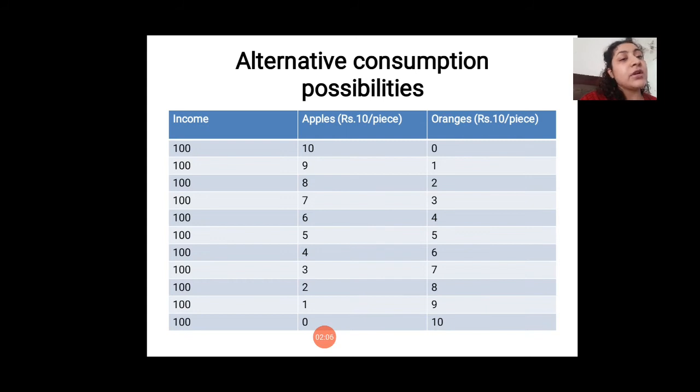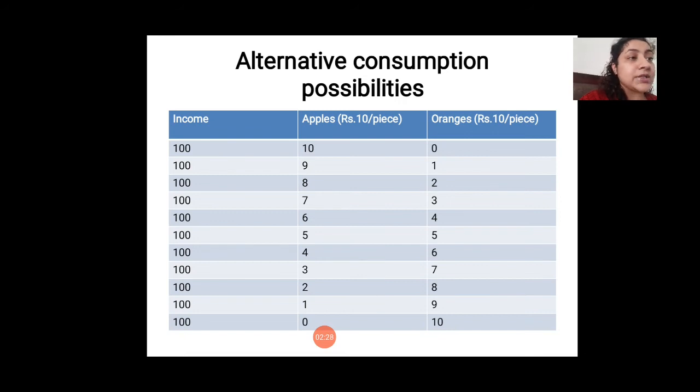If he is spending all of the money on buying apples, he'll be able to buy 10 apples and zero oranges. If he is buying 9 apples, he'll be able to buy one orange. If he's buying 8 apples, he's able to buy two oranges. And this is how the chart goes on.